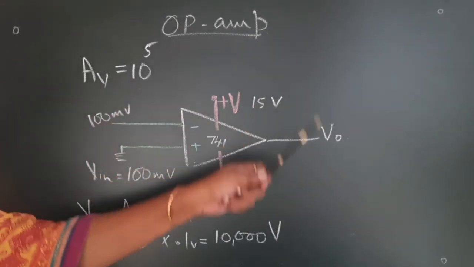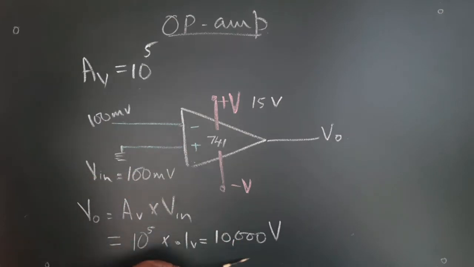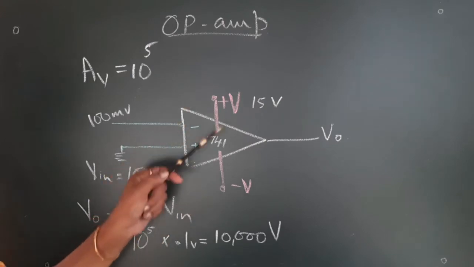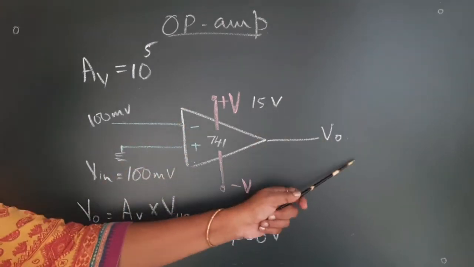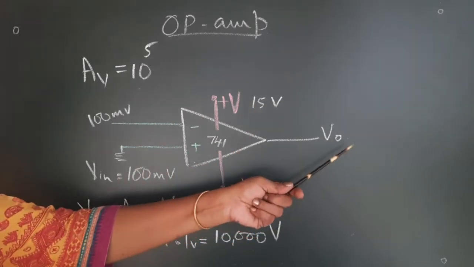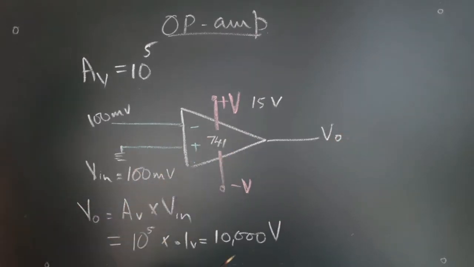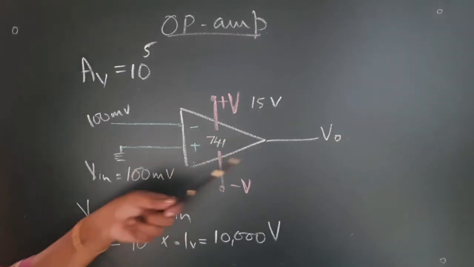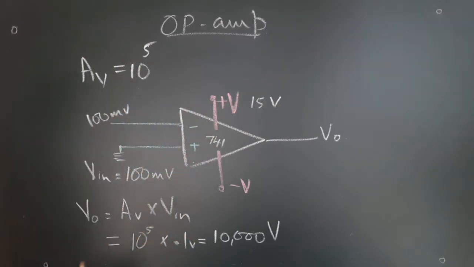In any practical circuit, you cannot have an output greater than the biasing. That is a limiting condition. Always the output will be practically less than the biasing voltage. So, you can only expect up to a voltage of 14 volt or something like that, even if the open loop gain of an amplifier is 10 raised to 5.